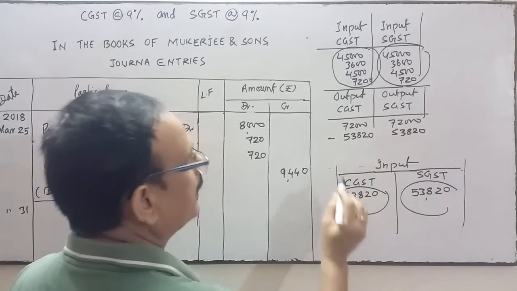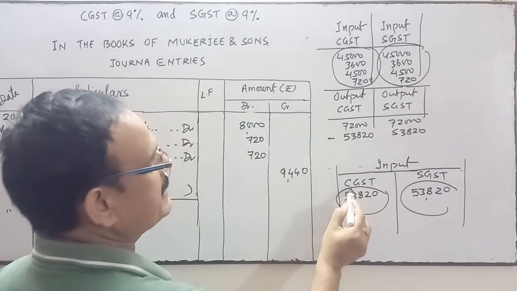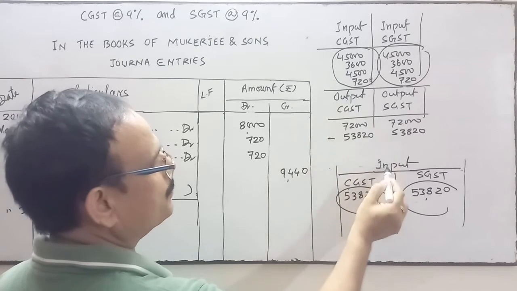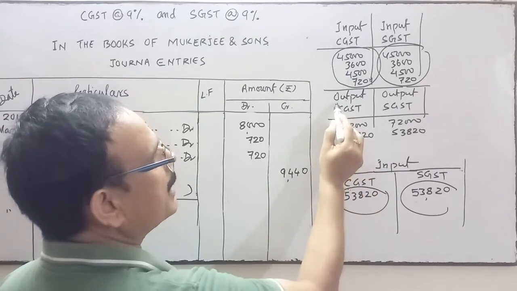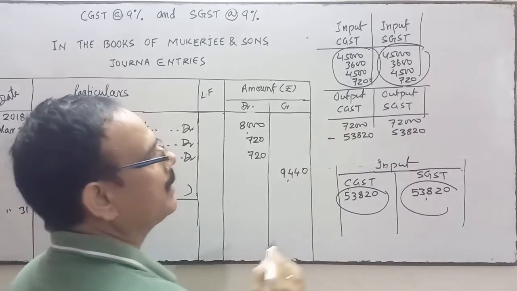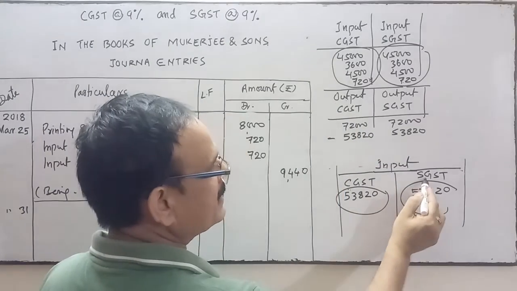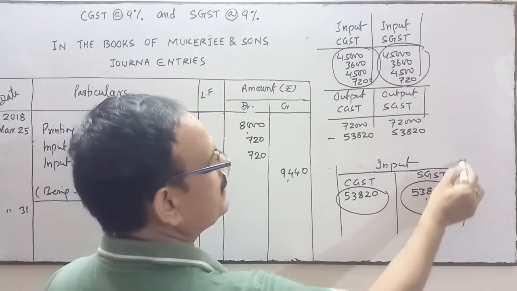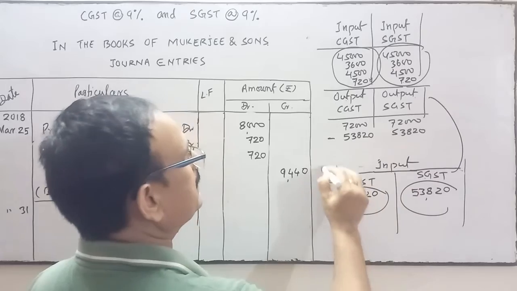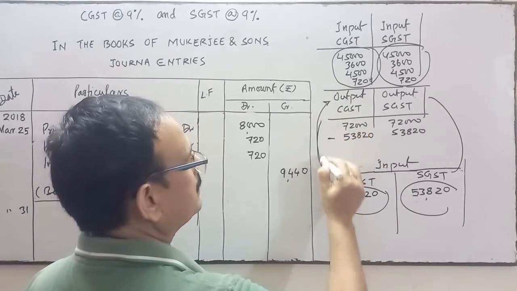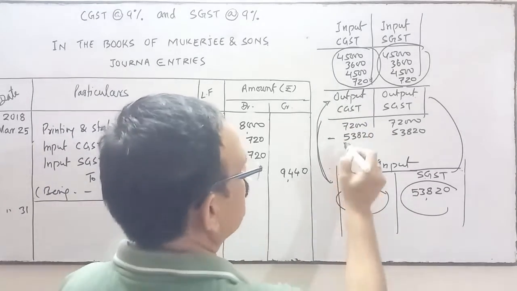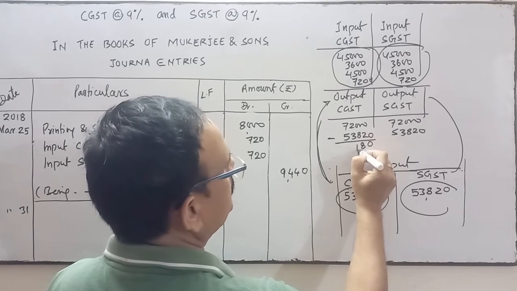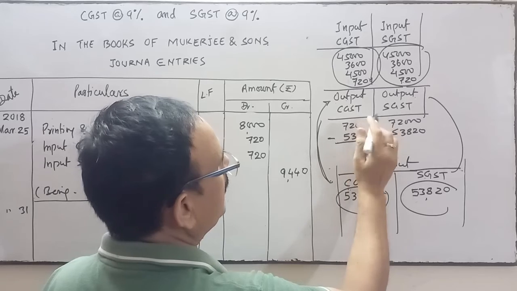Input CGST will be settled with the output CGST, and input SGST will be settled with the output SGST. This will settle with this and this will settle with this. So we have done the settlement and now we'll pay the balancing amount.